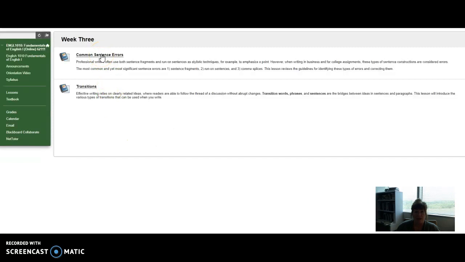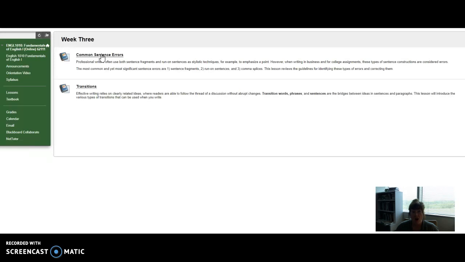One is a follow-up lesson to that pre-test that you had last week about common sentence errors. And once again, those common sentence errors are sentence fragments and run-on sentences, and there are 2 forms of those. Usually they're either fused sentences, which are 2 complete thoughts written together, fused together, without any form of punctuation or connection.